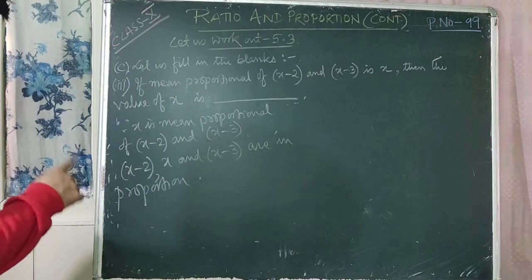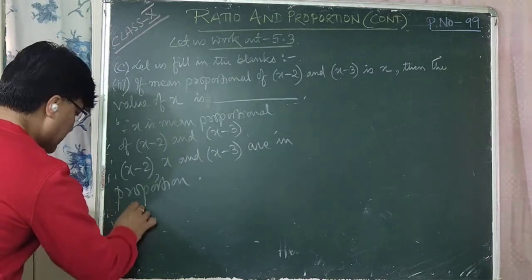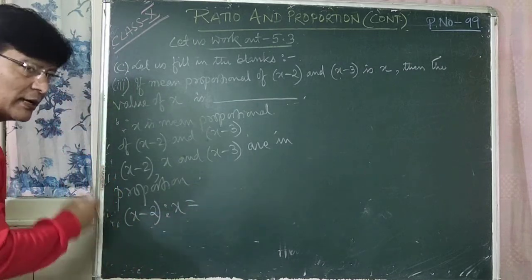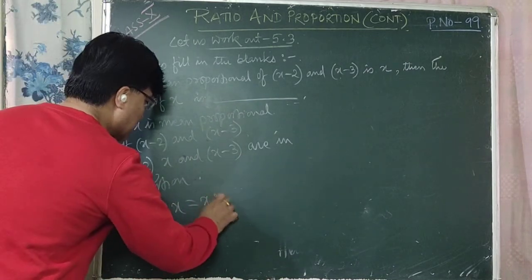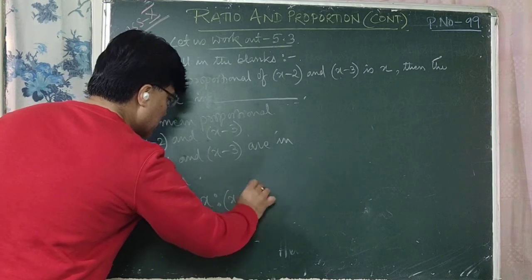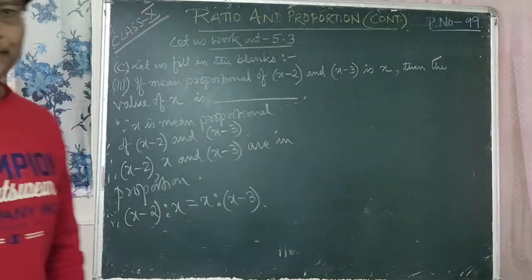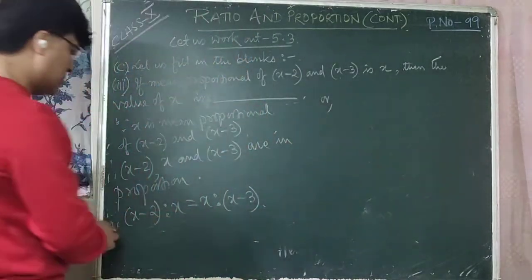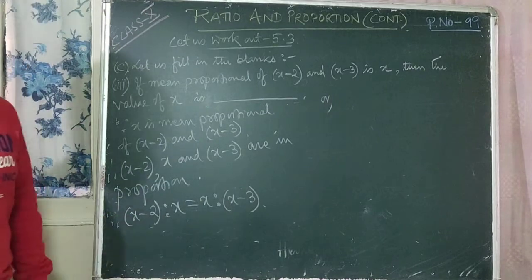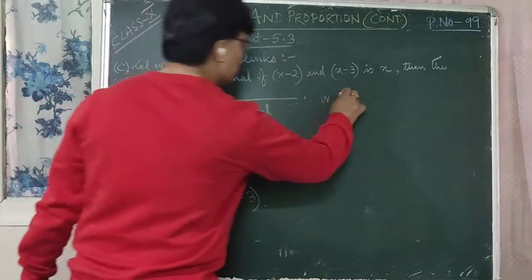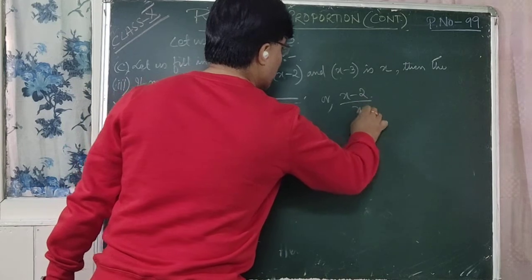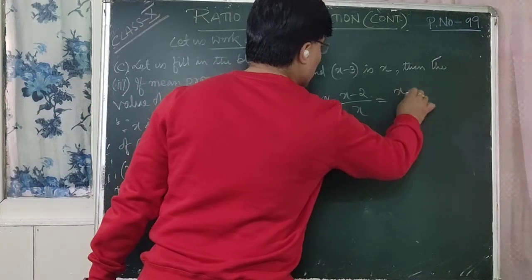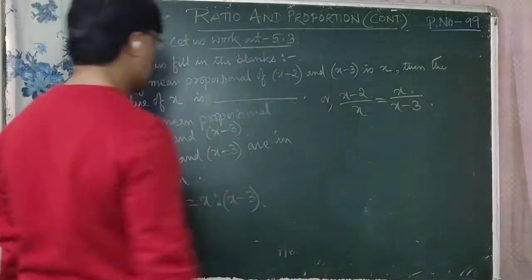So what can you write from the definition of proportion? We can write x minus 2 is to x is equal to, again this middle term is repeated, x is to x minus 3. Now this ratio can be written in terms of fraction. How will you write x minus 2 is to x? It is x minus 2 upon x is equal to what? It is x upon x minus 3.